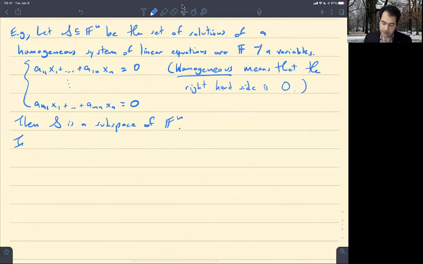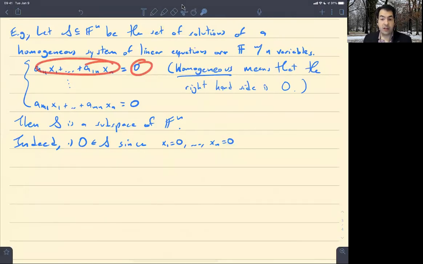Right, so indeed, as we just mentioned, we only need to check 4 things, right? We need to check that the 0 vector is an element of S, right? So, well, that's true, since if we put x_1 equal to 0 up to x_n equal to 0, so every variable here, we set it equal to 0, then the left-hand side is equal to the right-hand side, because 0 times anything gives you 0, and then 0 plus 0 gives you 0.